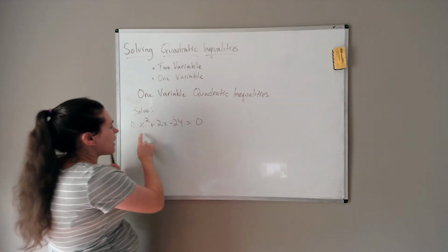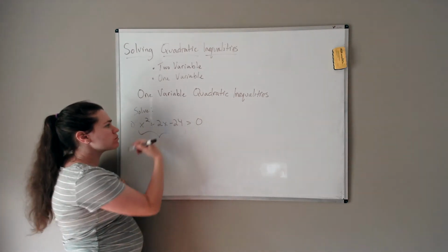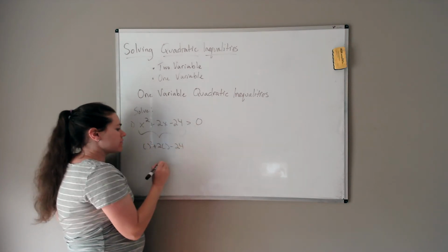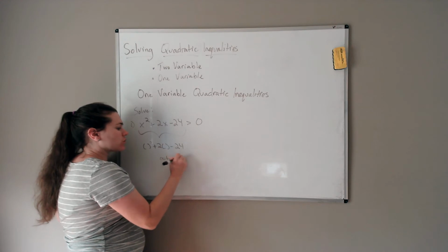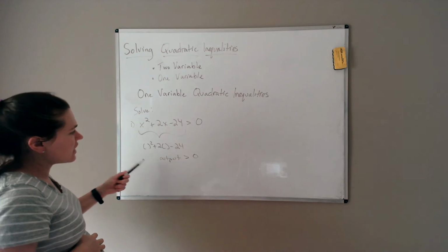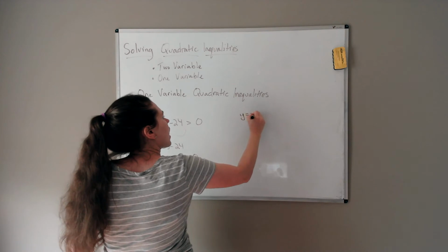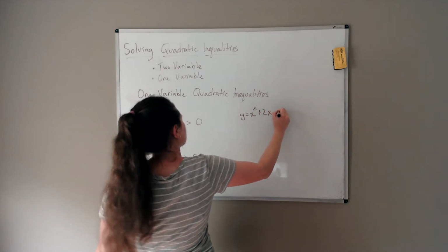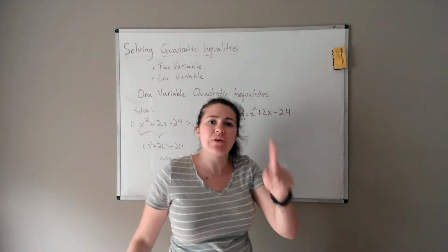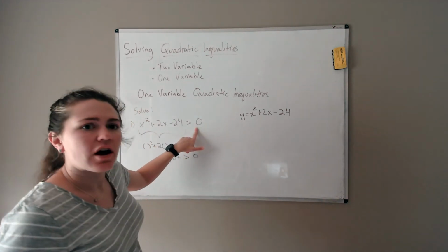What are the values of x that, when you plug that value in for x, give you an output that's greater than 0? So what this is essentially saying is, if you were to think about the graph of y equals x squared plus 2x minus 24, you're thinking about naming all of the x values in which the y coordinate is greater than 0.